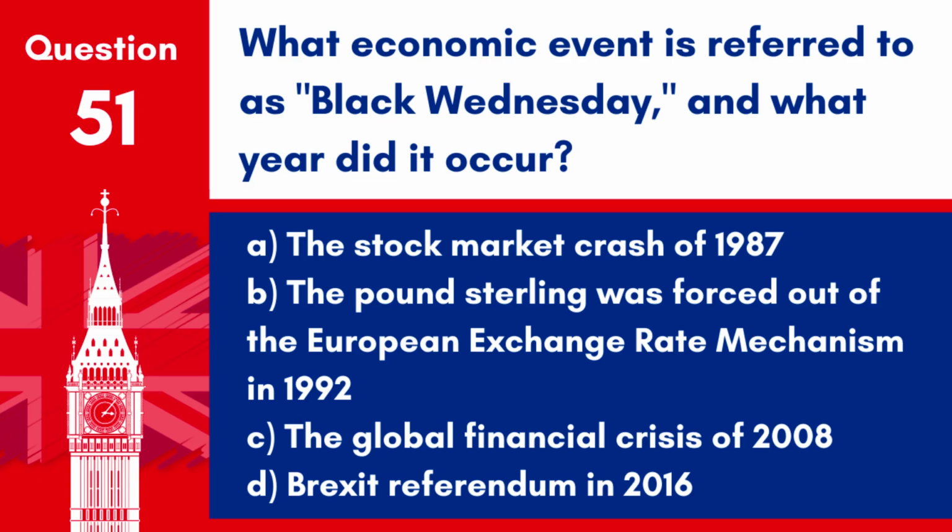D. Brexit referendum in 2016. Answer: B. The pound sterling was forced out of the European exchange rate mechanism in 1992. This event, occurring on September 16, 1992, is known as Black Wednesday.